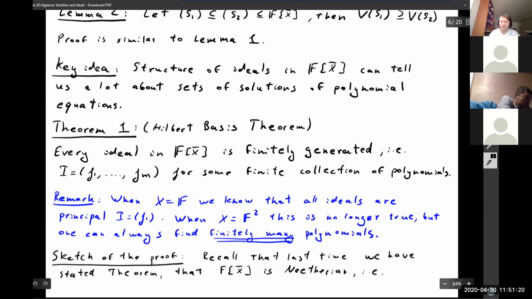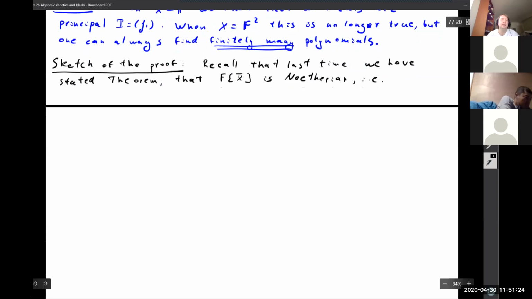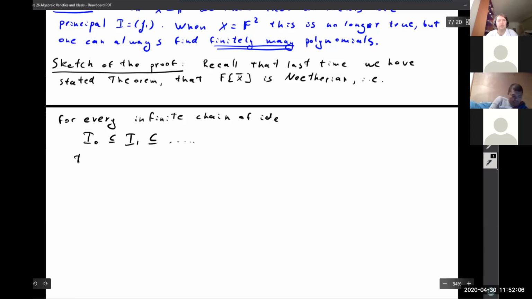In other words, it satisfies the so-called ascending chain condition: for every infinite chain of ideals I0, I1, etc., there must exist n such that I_{n+1} equals I_n.